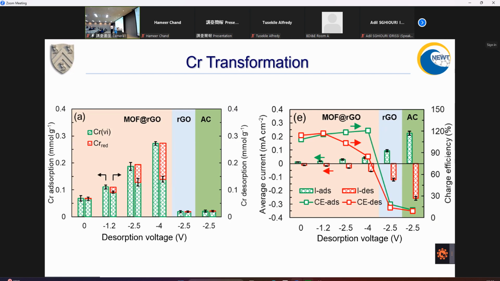So you can see here, during the desorption process, there's a significant portion of the chromium-6 being reduced to chromium-3, and that portion increases when you increase the desorption voltage, right? So here you have what we call the trap and degradation process. You trap the chromium-6 on the selective sites, and then you reduce it to chromium-3.